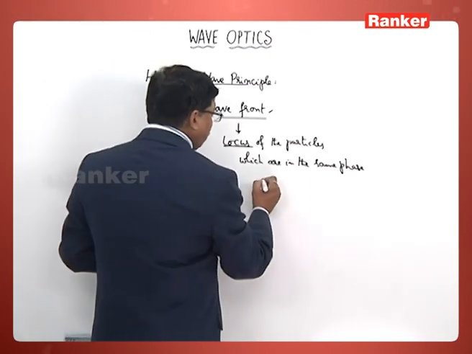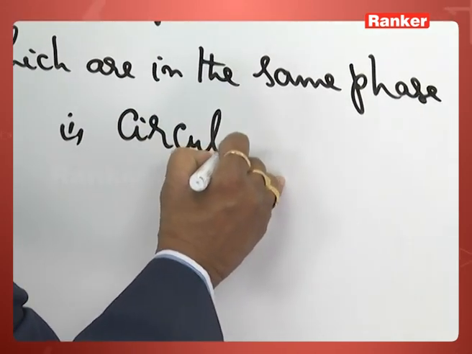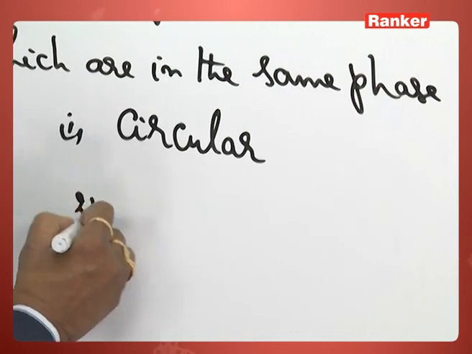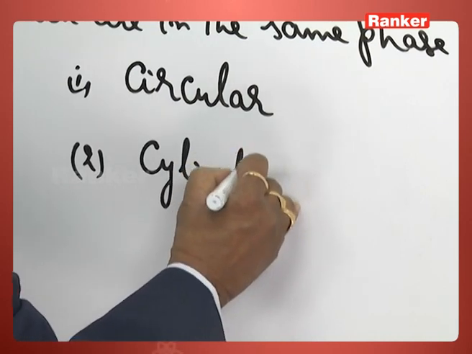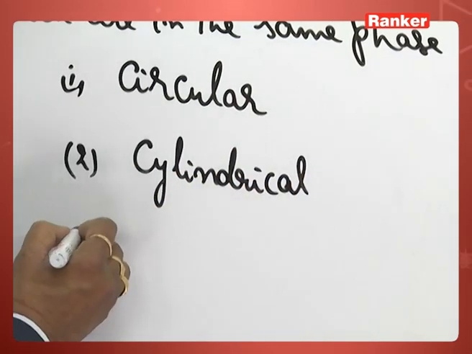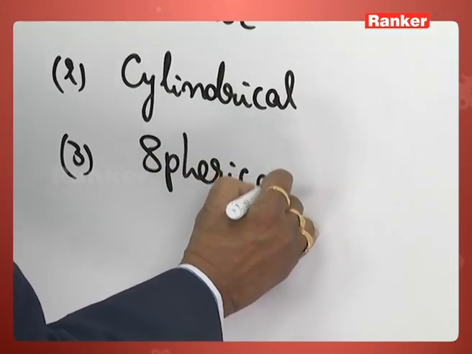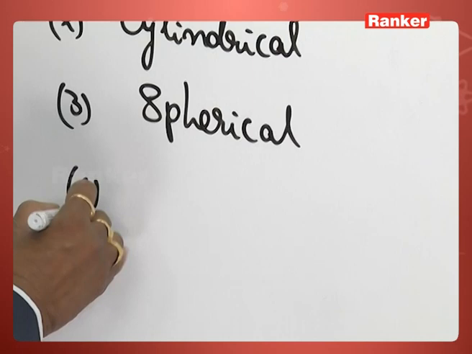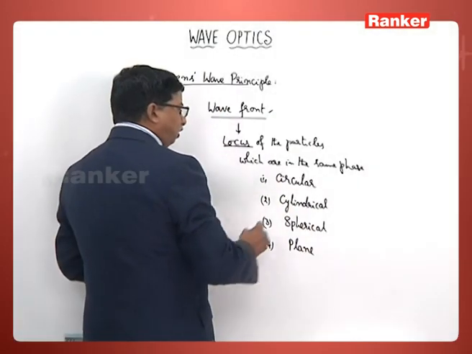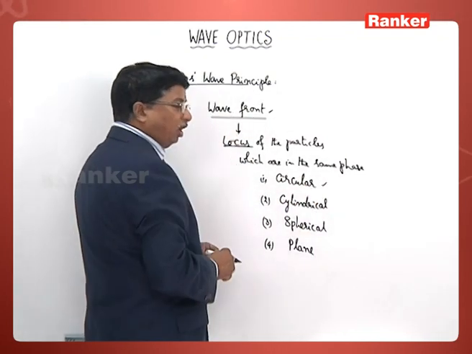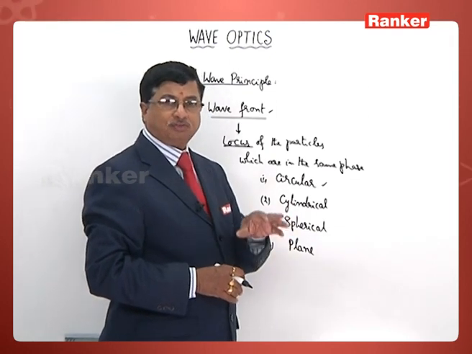One we call a circular wavefront. The second one is the cylindrical wavefront. The third is the spherical wavefront, and the fourth is the plane wavefront. The ripples formed on the surface of water are circular wavefronts.